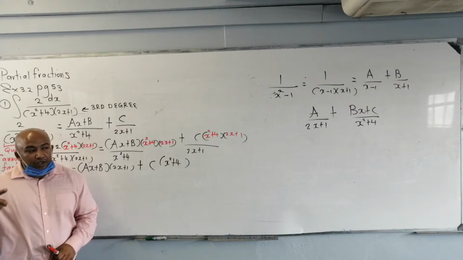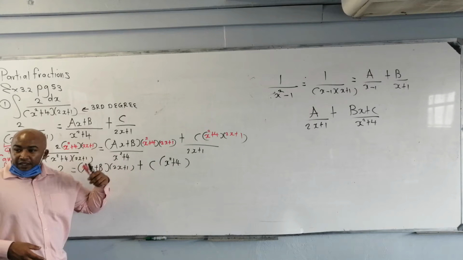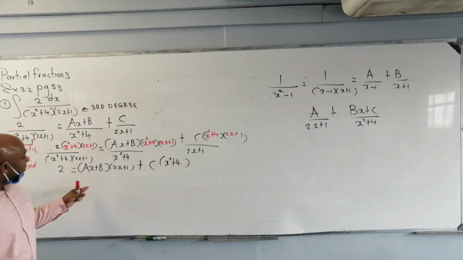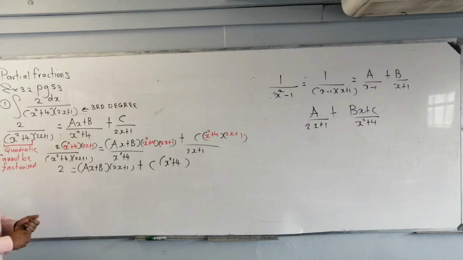There are two methods. One method is to just substitute values, which I've been doing previously. The other method is to equate coefficients. Alright, so let me just write this down. I'm using the method of equating coefficients.